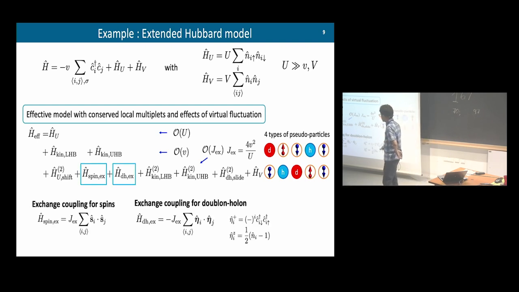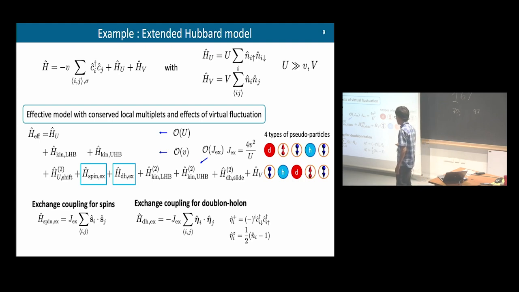The first term corresponds to the exchange coupling of spins. So it is expressed with the usual antiferromagnetic Heisenberg type coupling. The second term corresponds to the exchange coupling for the doublon and the holons. And actually, we can introduce pseudo-spin degrees of freedom for this doublon and the holon in this way, which we call eta spin.